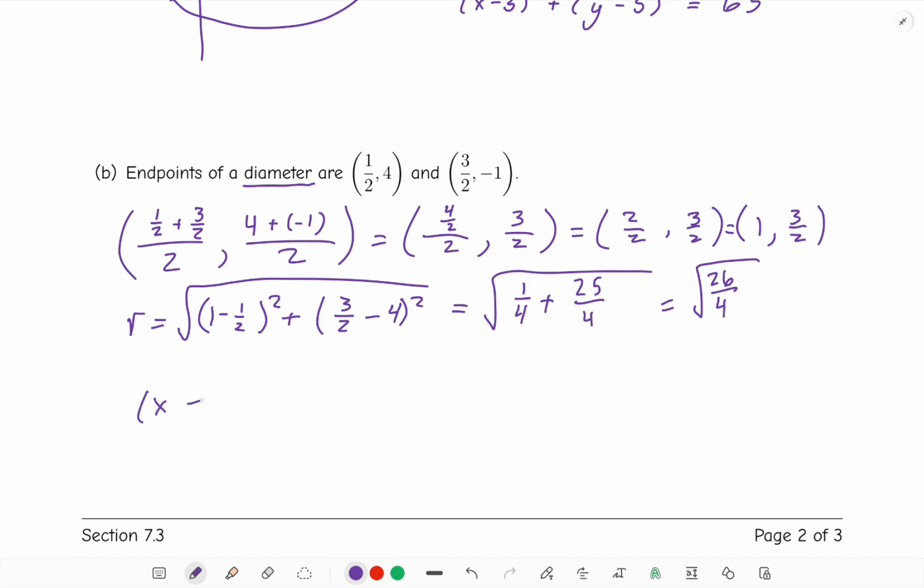So we get x minus 1 squared plus y minus 3/2 squared equals the square of this square root, which just cancels out, so equals 26/4. That's the equation for this circle.